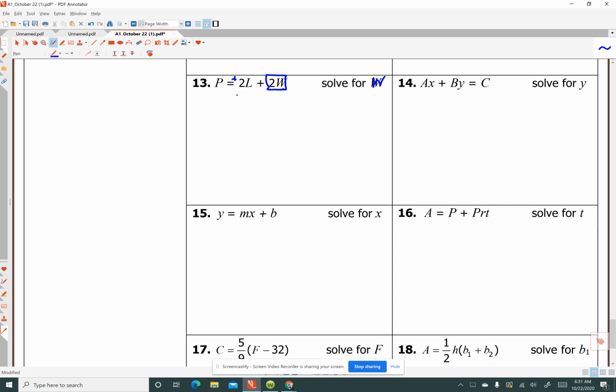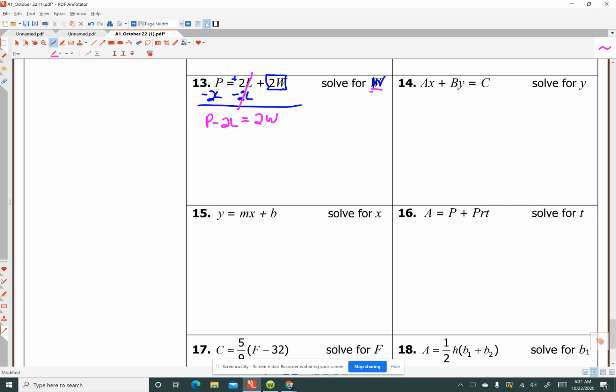So the opposite or inverse operation would be to subtract 2L, excuse me. Whatever I do to one side of the equation, I do to the other. So on the left side of the equation, I have P minus 2L. Being careful to keep my uppercase and lowercase where I have them as lowercase. And on the right side, I have 2W.